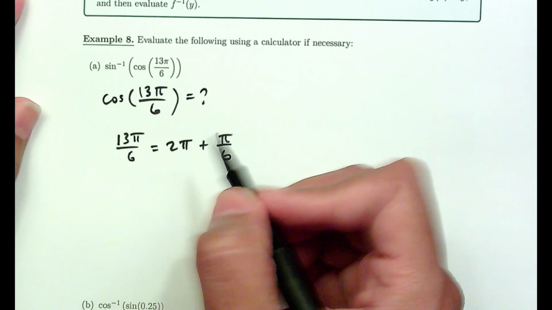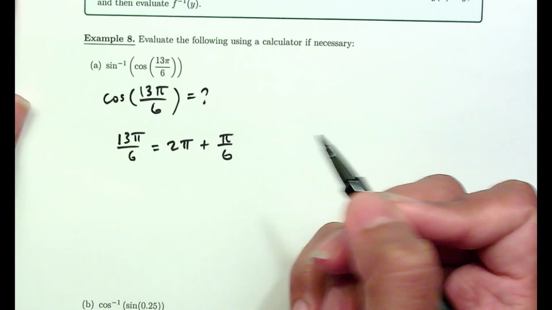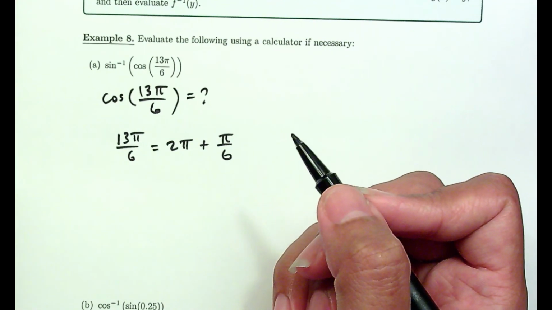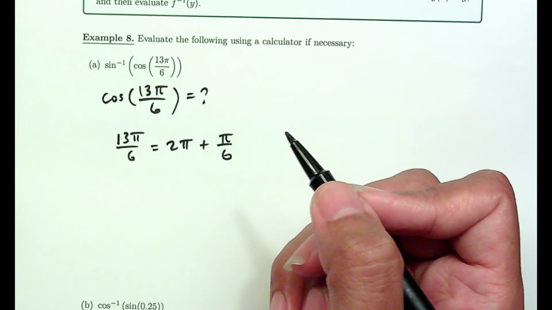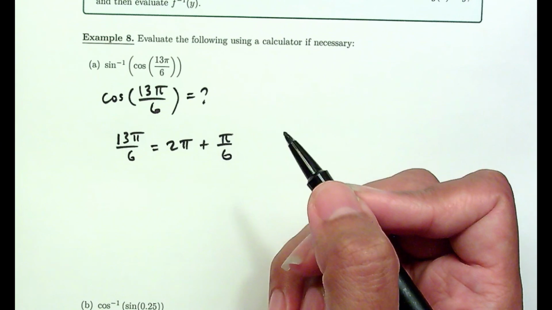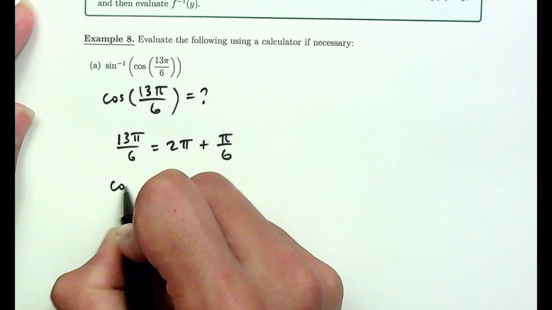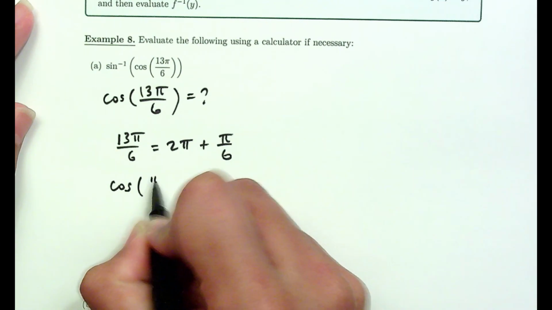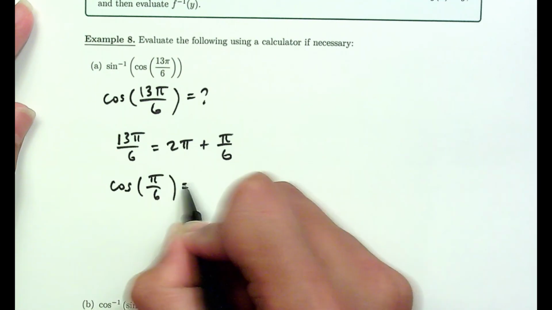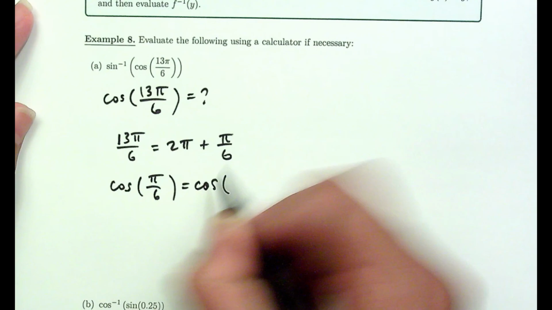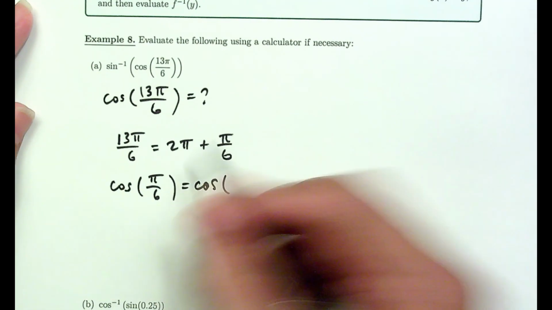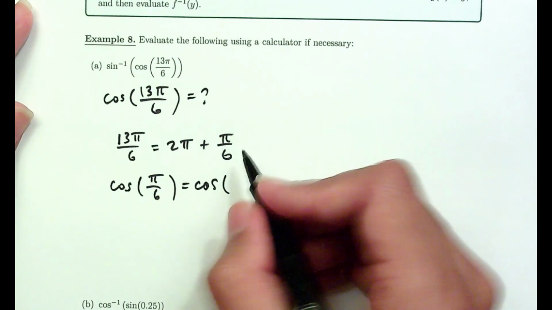And now if you remember, cosine is periodic with period 2 pi, meaning that if you have an angle and you add 2 pi to it, it doesn't really change anything. So the cosine of pi over 6 should really be the same as the cosine of 2 pi plus pi over 6. If you add 2 pi, again, it doesn't really change the value.